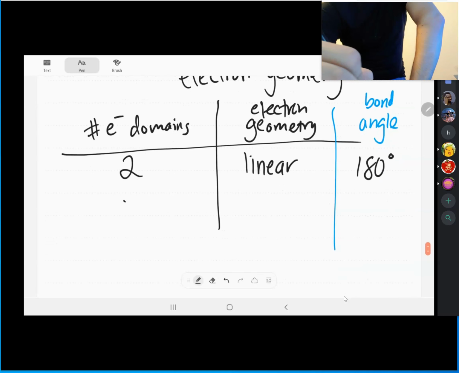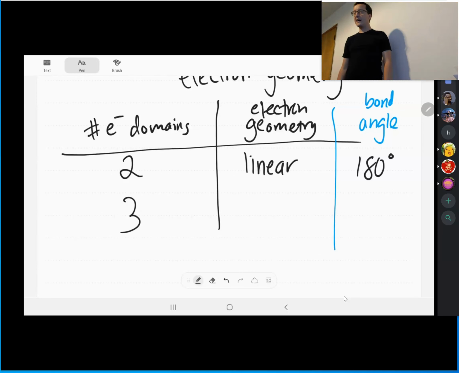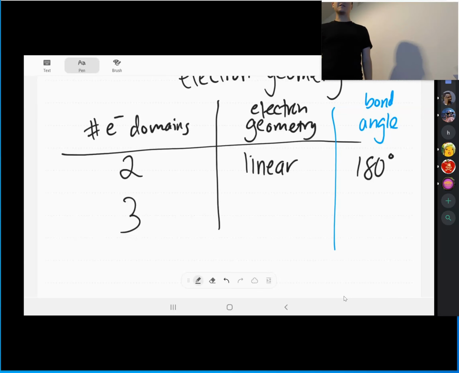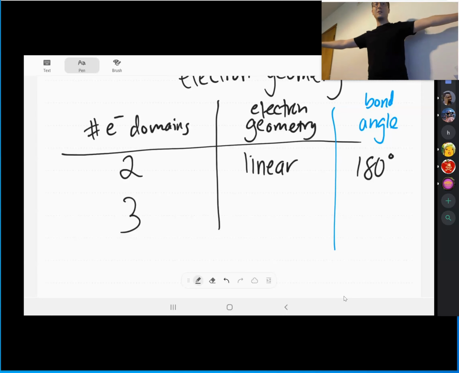Alrighty, if we have 3 electron domains, let's see, now I have a foot as well. Okay, that's not going to work. How about my torso? So I have a torso and 2 arms. What's the best way so that these 3 things are as far from each other as possible?